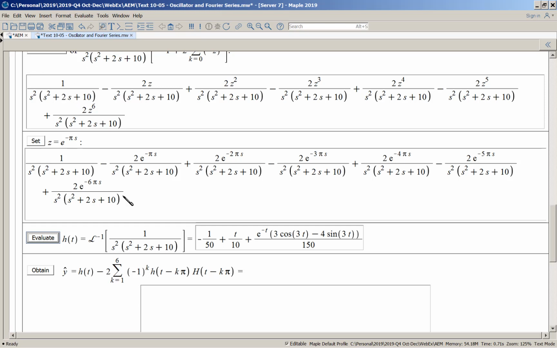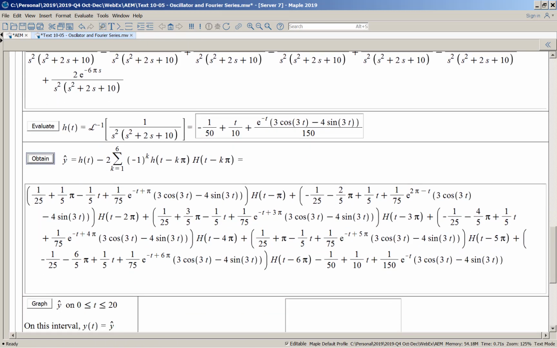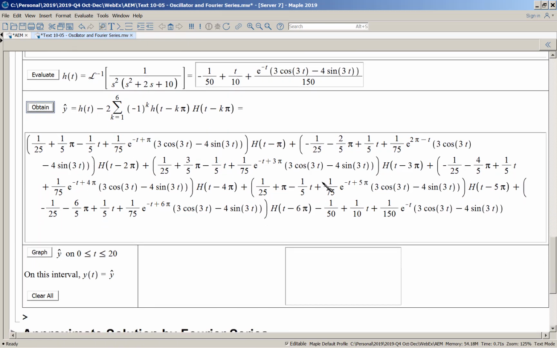Then you have 2's, because all of these things have 2's, and then you need shift on h, so it's t minus k pi, multiplied by a Heaviside. This is the cutoff, it's the Heaviside. And this is what that's going to look like. So we have this collection of Heavisides and functions. A little bit messy. It's hard to tell what it looks like until you draw its graph.